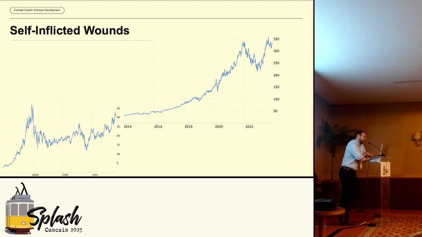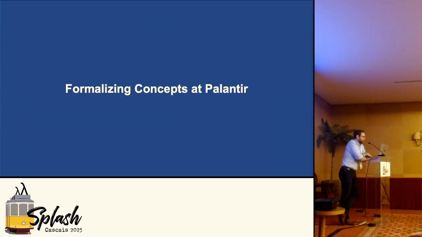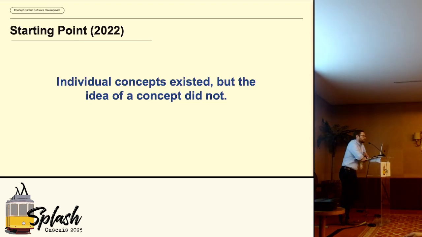What we started doing at Palantir, let's say in 2022, the starting point we had was individual concepts existed, but the idea of a concept did not. What I mean by that is concepts were effervescent in the language. When you talk to developers, designers, product managers, they would use the same words.